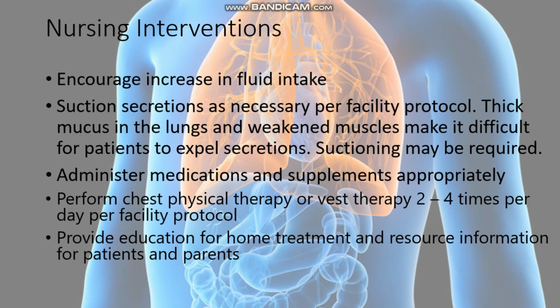And of course, administer medications and supplements appropriately, applying the 5 rights of drug administration. Perform chest physical therapy or vest therapy 2 to 4 times per day per facility protocol, and provide education for home treatment and resource information for patients and parents.